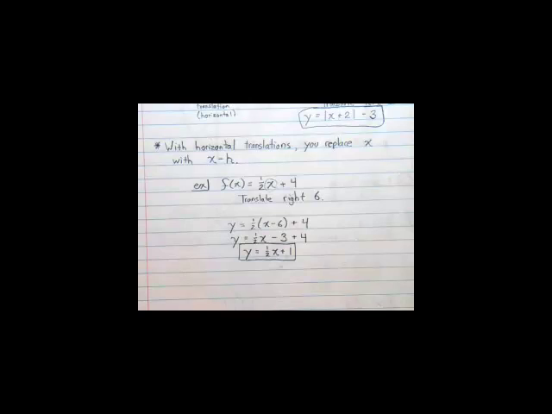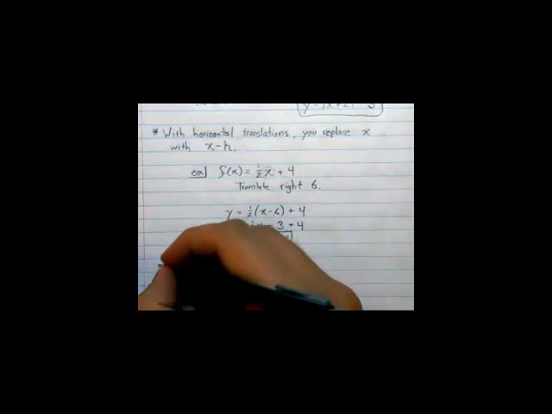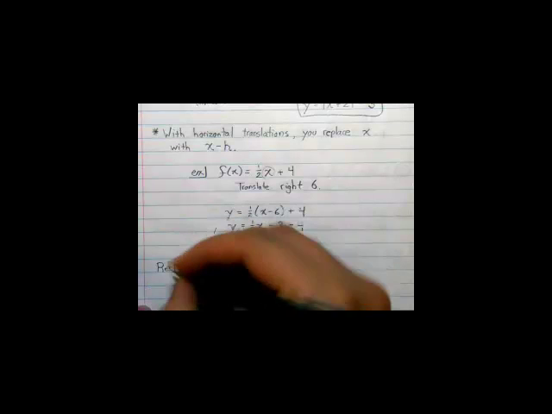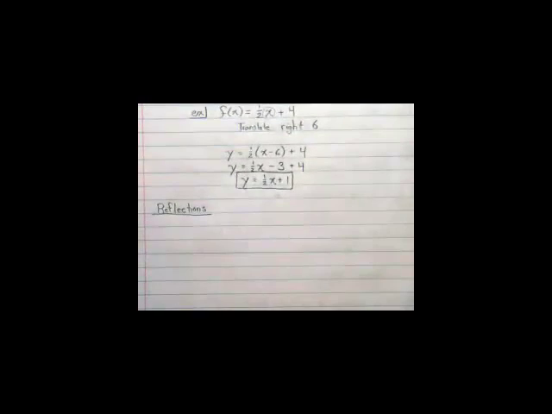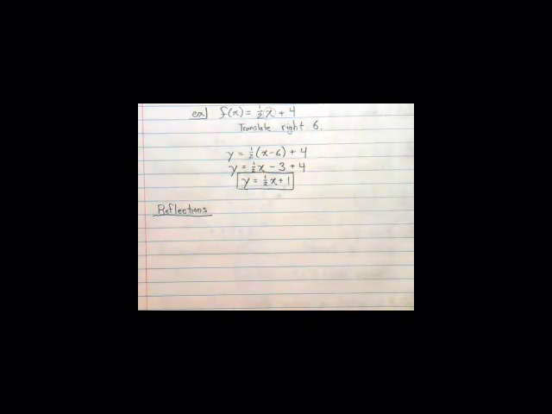All right. So, let's talk a little bit about some reflections then. We talked about one kind of reflection yesterday, but there was one we didn't. The type of reflection we talked about yesterday was doing a reflection over the x-axis, right?